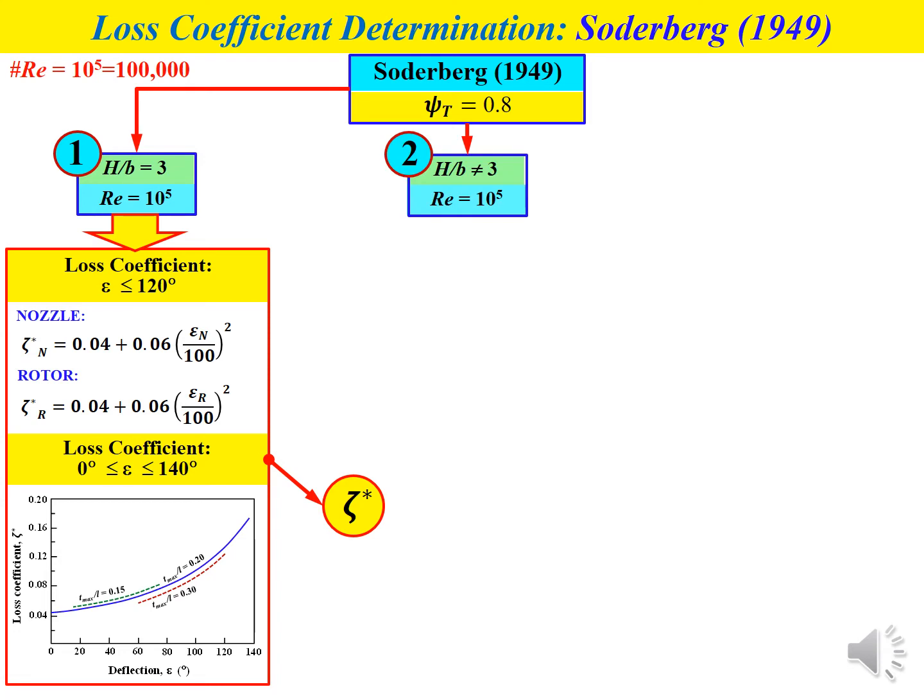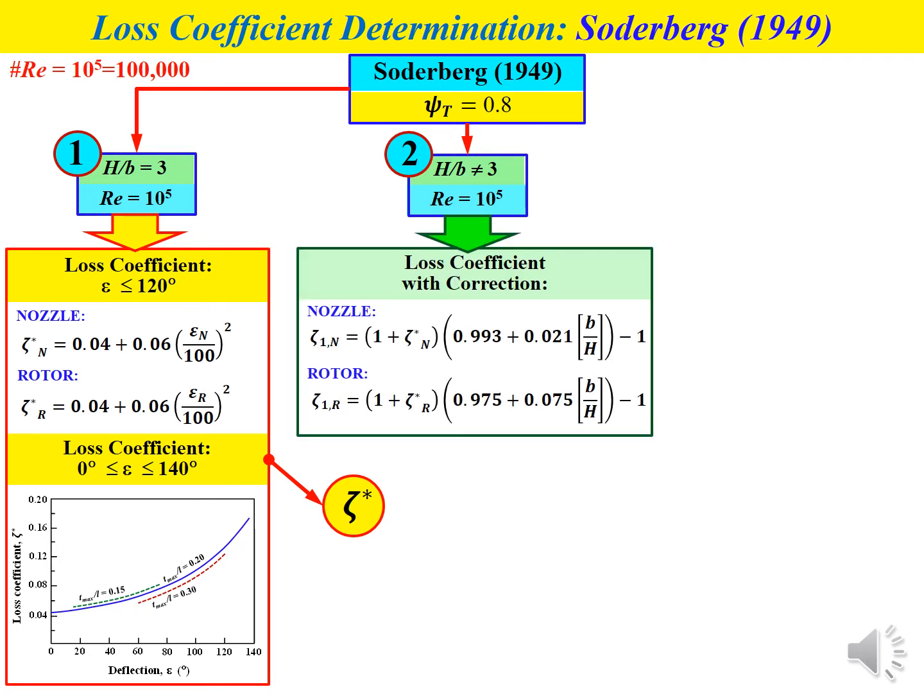And from the first correlation, we will obtain the loss coefficient zeta star. Second case, the criteria are aerodynamic load coefficient still 0.8. However, H over B is not equal to 3, and the Reynolds number is still equal to 100,000.